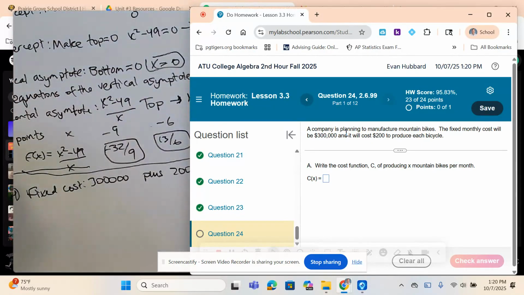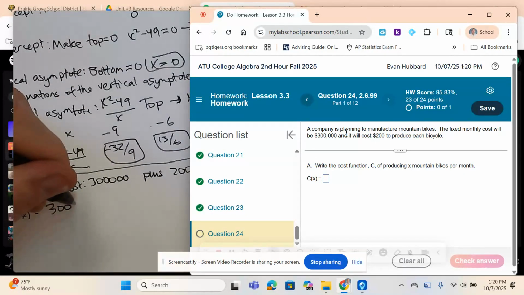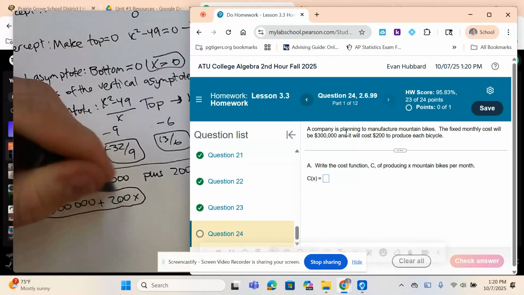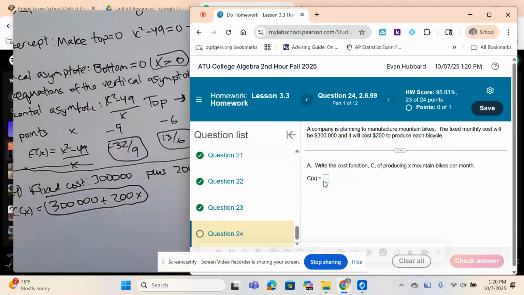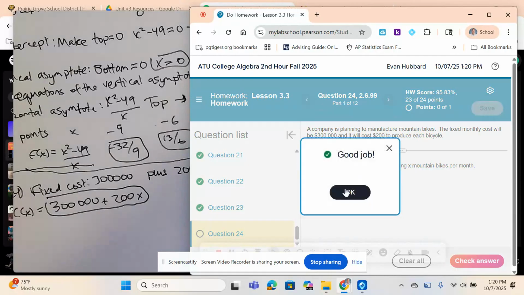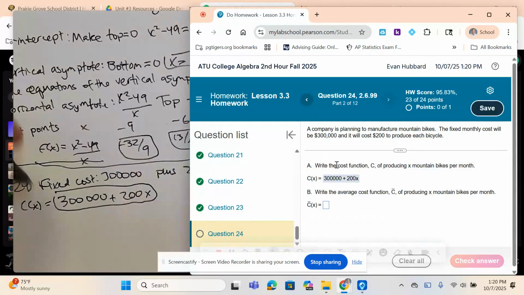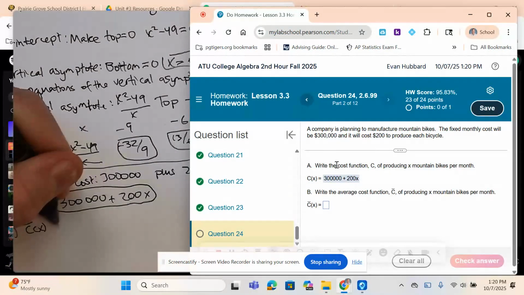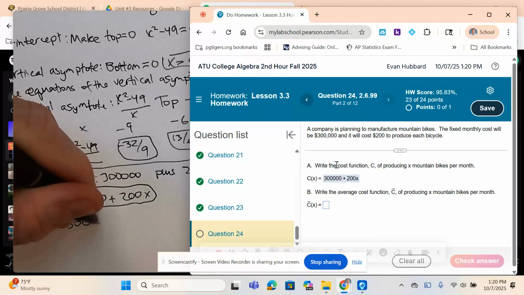So C of x equals 300,000 plus 200x. The average cost function is you just divide that by x. So the average cost function would be just divided by x.